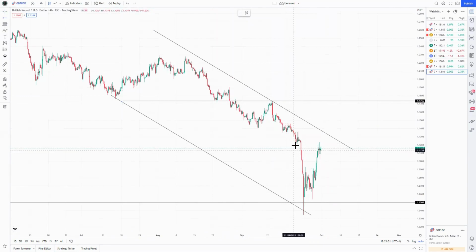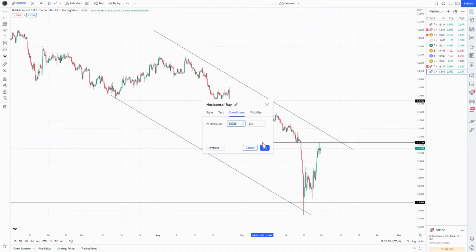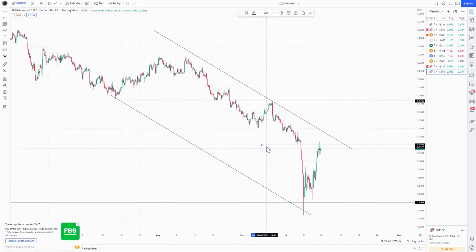And if you also pay attention to this place, you'll see something like a formation around this area. So we can just mark that one out too because it looks important. So let's just mark it out and complement it. So this is obviously a psychological key level of 1.12 thousand.